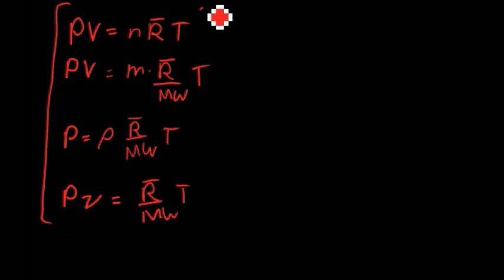Or, sometimes you encounter the pressure equals mass divided by volume, which is the density, times R bar over the molecular weight times the temperature. Or you can also find it as the inverse of the density, so pressure times the specific volume is equal to R bar over the molecular weight times the temperature. So these are just different forms that you can use for the same relationship.